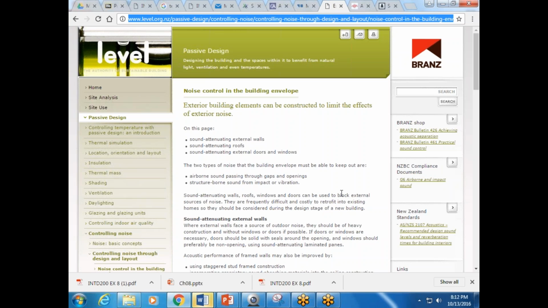So passive design. That's the continuing theme, right? Instead of active, mechanical systems, we're trying to incorporate more passive design, less electronic systems. So for noise control, we want sound attenuating external walls, sound attenuating roofs, and sound attenuating external doors and windows.